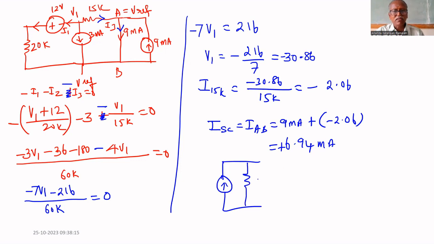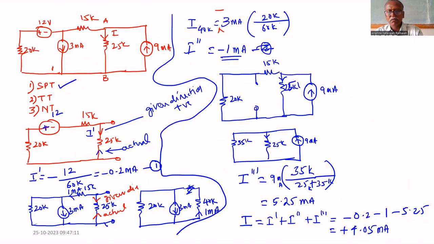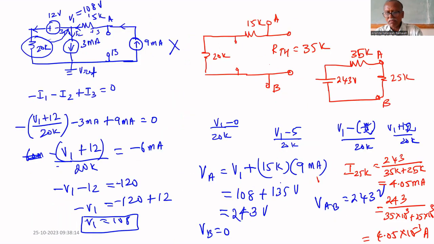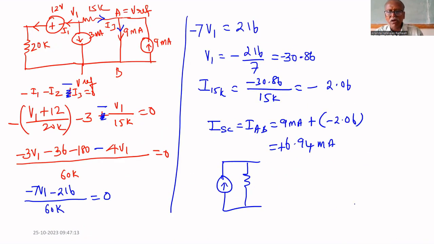What is R Thevenin? R Thevenin is, I think, 35K. R Thevenin equal to R Norton. Therefore, the same 35K can be marked here. 35K, A and B. What is the load resistance? 25K. What is the current? 6.94 milliampere.